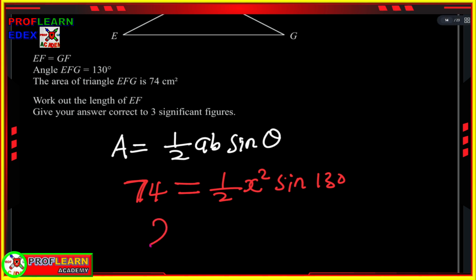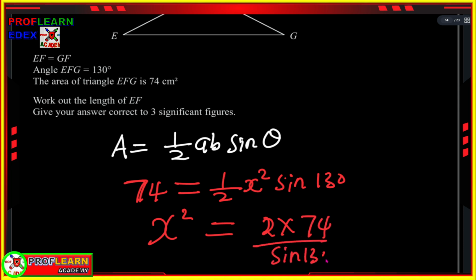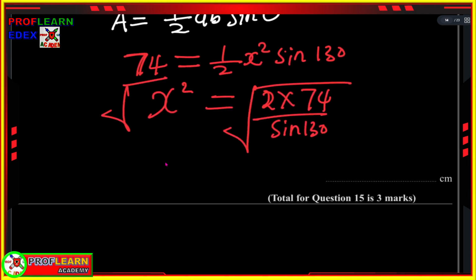Then therefore x squared is equal to 2 times 74 over sine 130, so that our answer is a bit accurate. We find the square root at that given point.